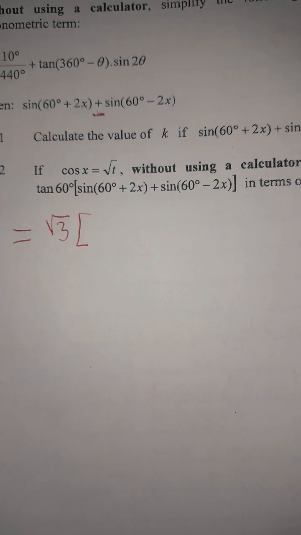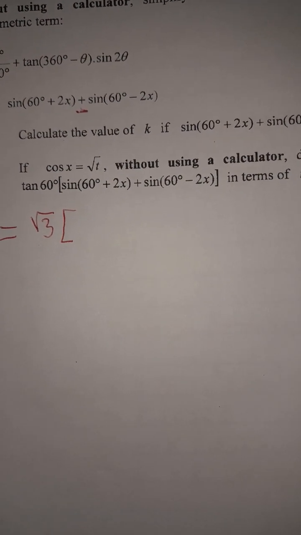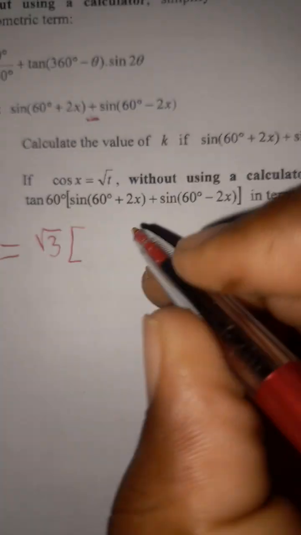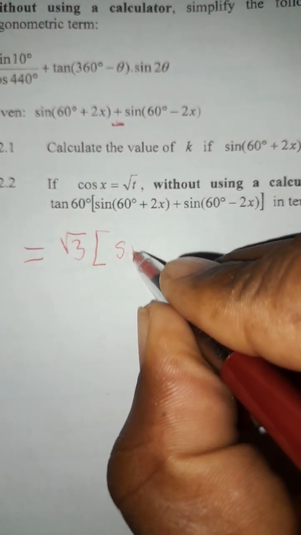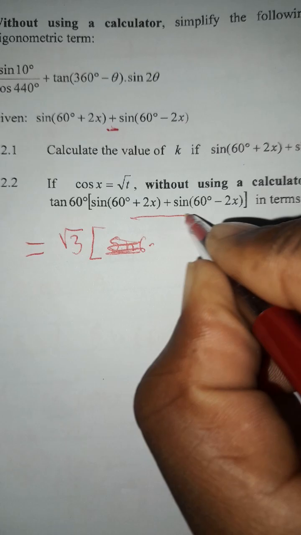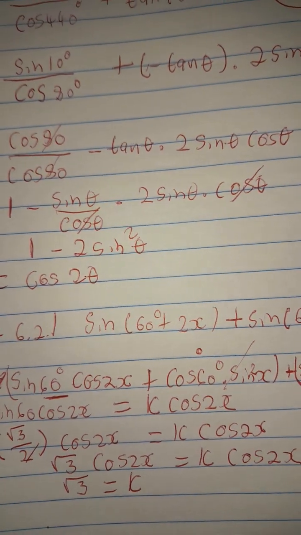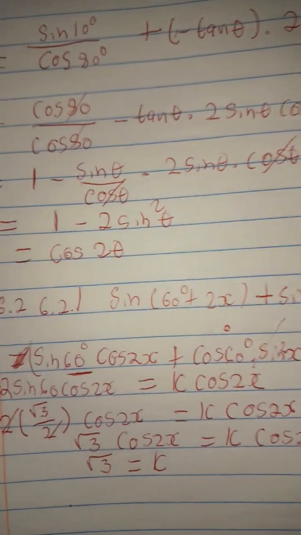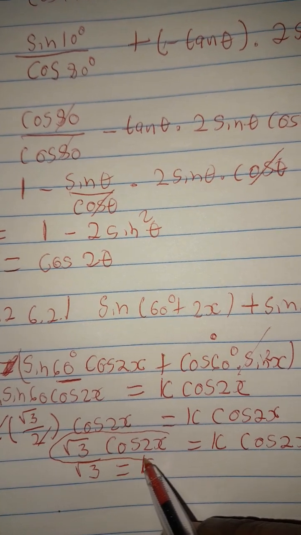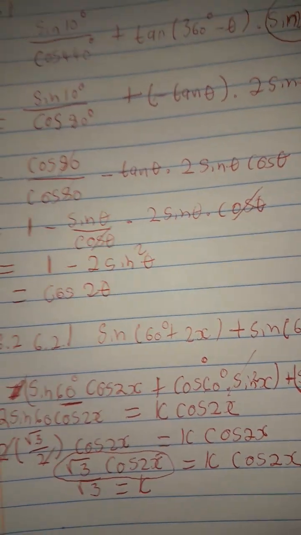So let's work out the brackets. How do you work out the brackets? Remember this is a compound angle. Let's simplify this. From our previous video, we did simplify this. What were we left with when we simplified? I guess we were left with this part on the left hand side, which is root 3 cos 2x.